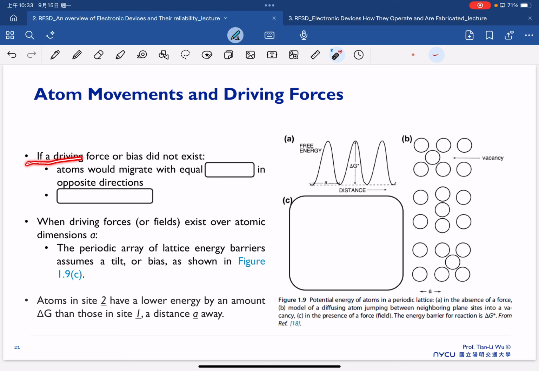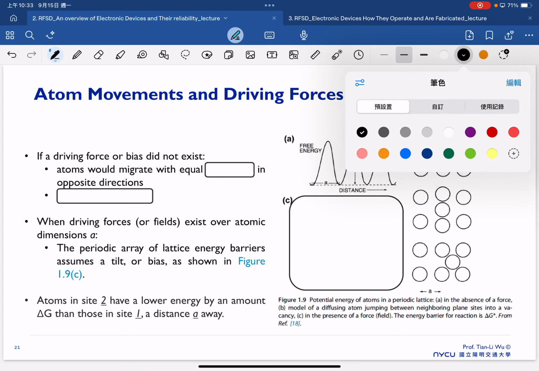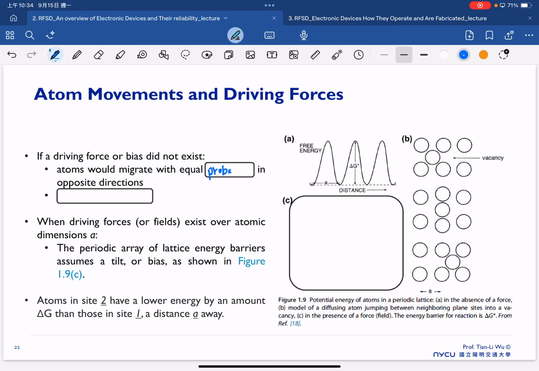If there's no driving force or no bias existing, the Altons will migrate with equal probability in the opposite direction, which means that if you have one Alton here and you don't give any bias, this Alton will just randomly move left and right. But in the end, there's no net displacement.